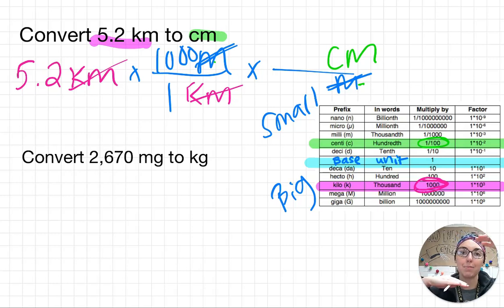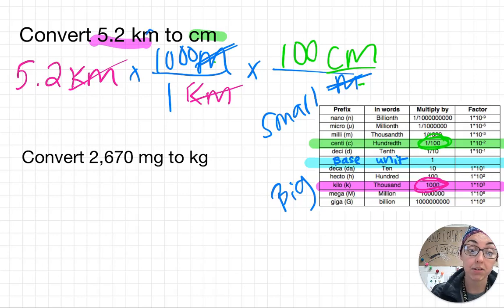Top and bottom cancel out. Whatever I have right here, that's my end unit that I want. My end unit I want is centimeters. And again, I go and look at my chart and I see there's 100 centimeters, oops, not 1,000, 100 centimeters for every 1 meter. And now I can just go through and do my math.